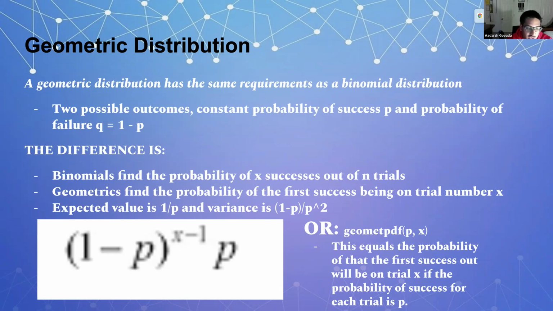But if you want to see the probability of not getting any heads until the 3rd flip, then you would use a geometric distribution for that.